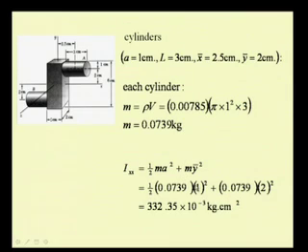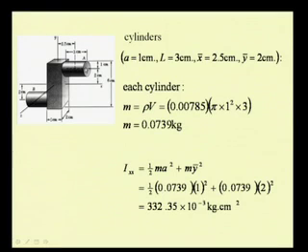You would have noted that we are using the unit of length as centimeters, so we have the unit of this I x x as kg centimeter square. So, we have determined the I x x, or the second moment of the mass with respect to the x axis, for the given cylinder, and it will be the same for the other cylinder which is also located at the same distance from the x axis.